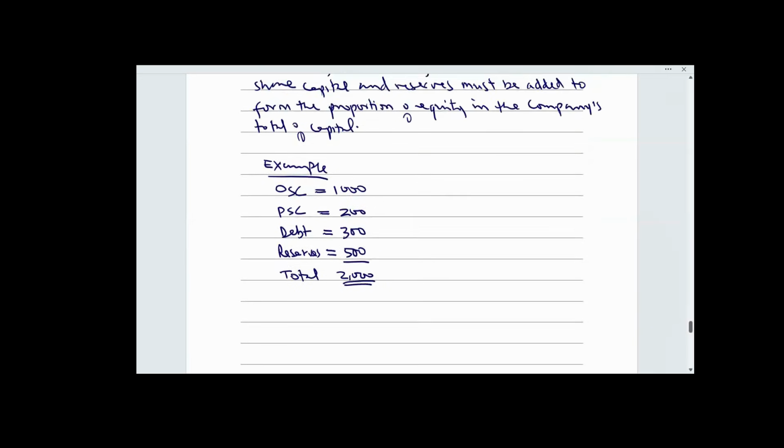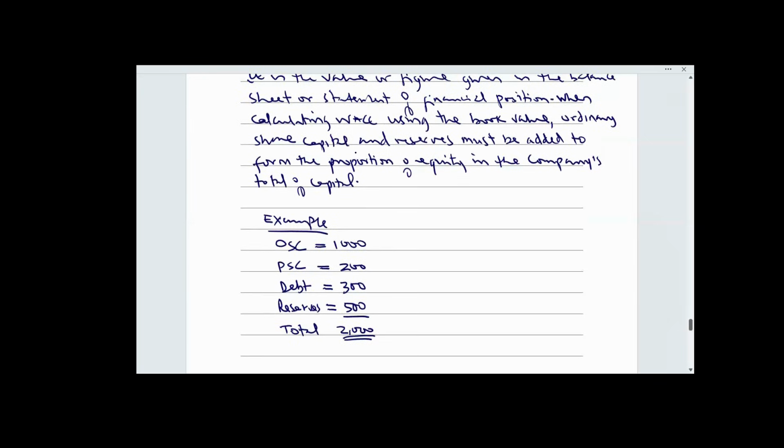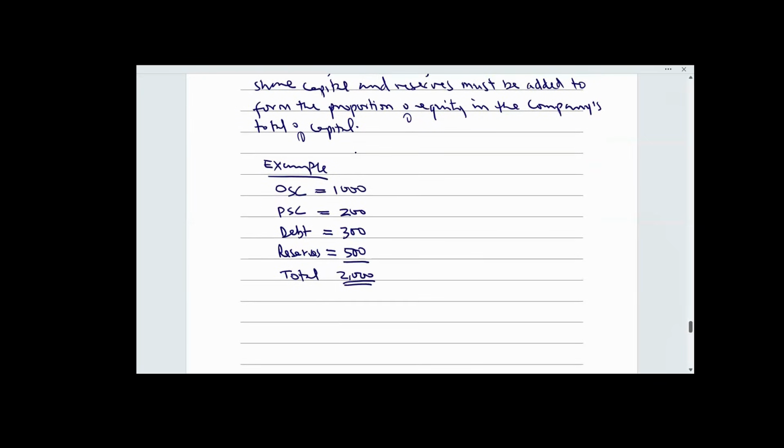So when you want to calculate your WACC, you want to determine the proportion of equity.